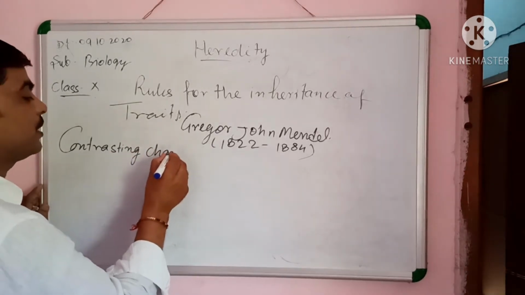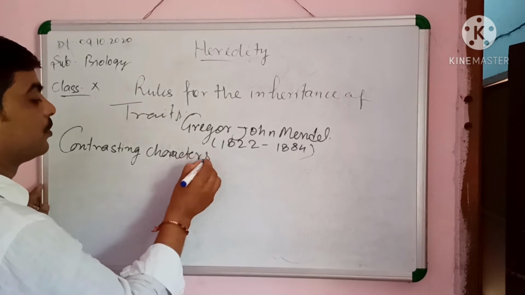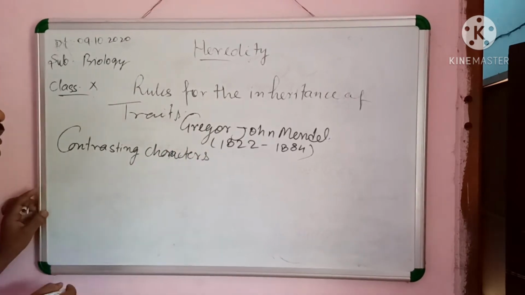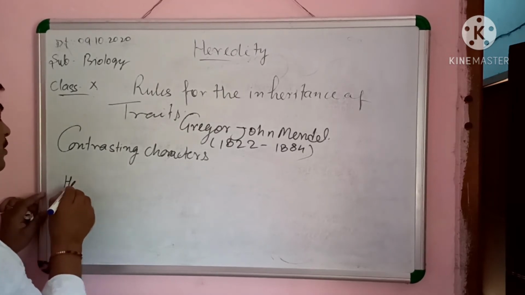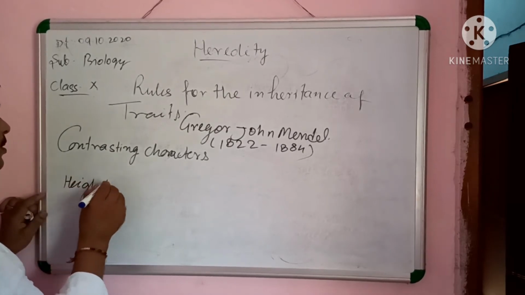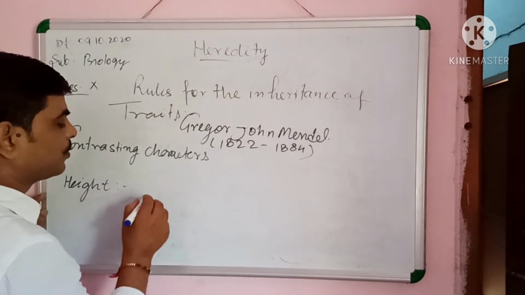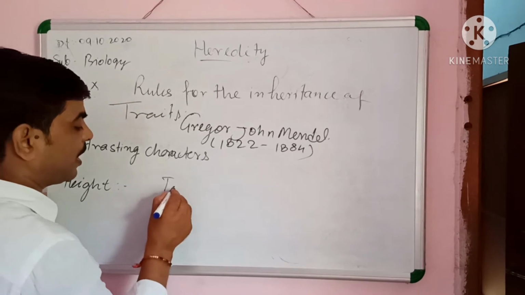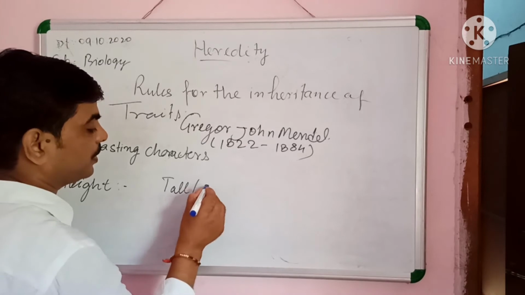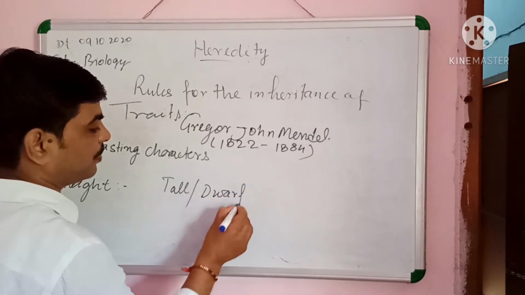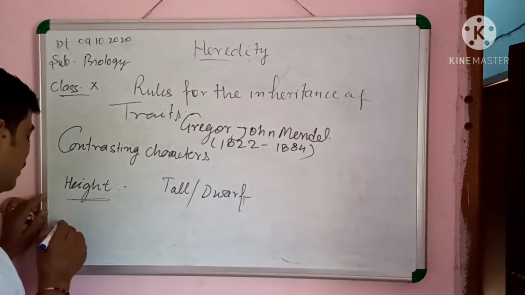That means the characters which are visible and easily identifiable, like the height character, and its two versions: a person can be tall or dwarf, or a plant can be tall or dwarf. So this is the character.